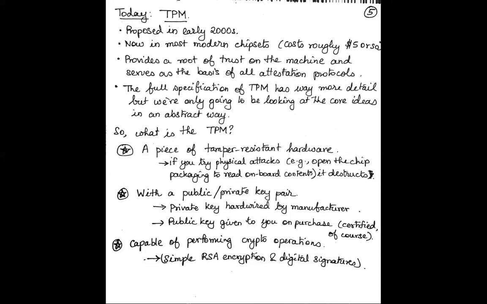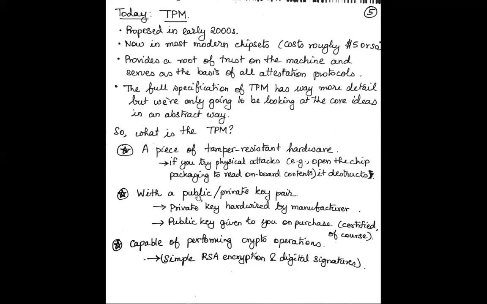If you try to read the registers, by removing the cover of the TPM and performing any electromagnetic attacks or trying to, let's say, solder a wire onto the circuitry over there, it will self-destruct. Okay, so if you try any physical attacks, the chip packaging is in such a way that it will not allow this. Okay, so it's a piece of tamper-resistant hardware.